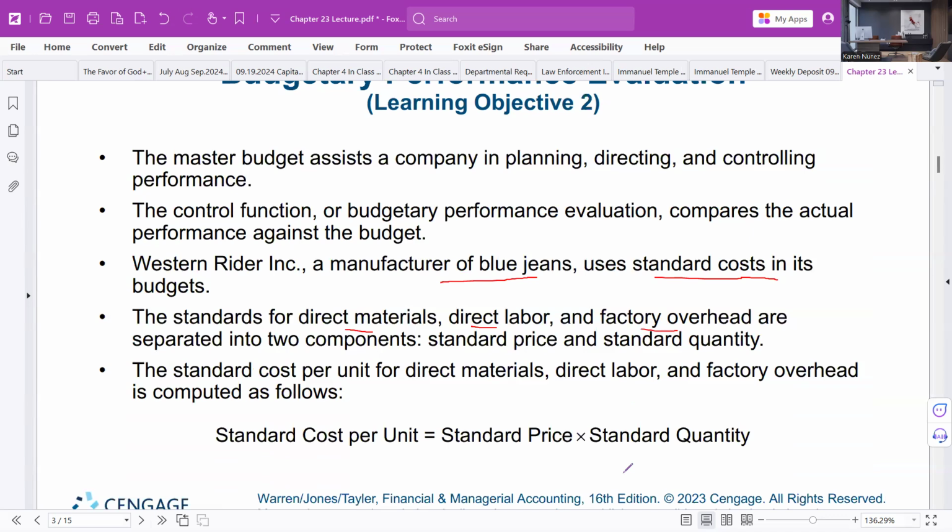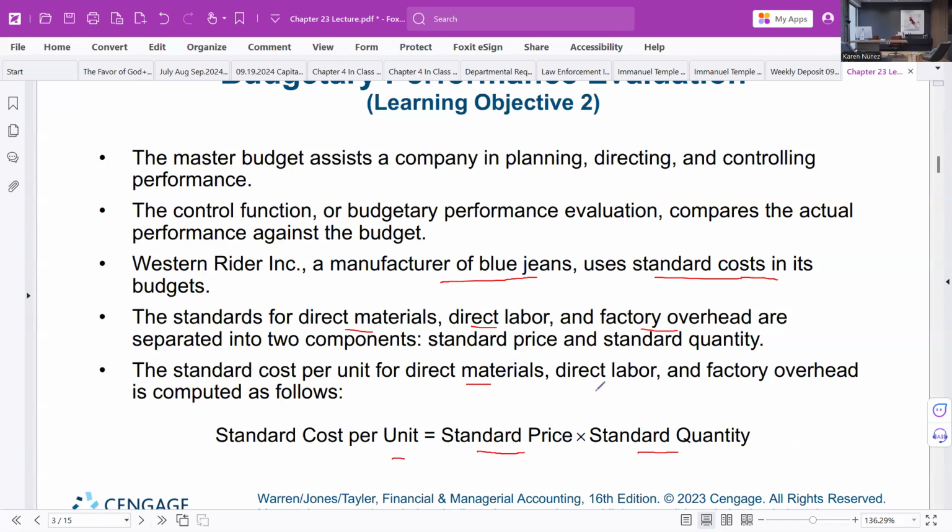Every standard cost, whether it's for materials, labor, or for overhead, has two components. It has a price standard, that's how much it should cost, and a standard quantity, that's how much you need of that input. So, for example, if we're looking at the standard cost of direct materials, then the standard cost would tell us the price of the direct materials and the amount of direct materials that we need for 1 unit of product.